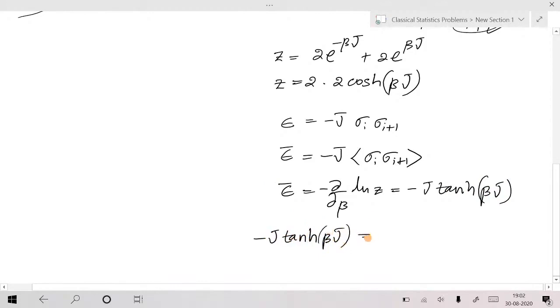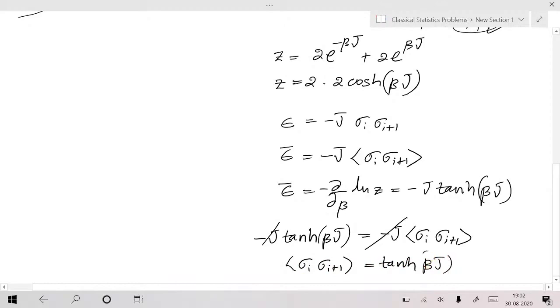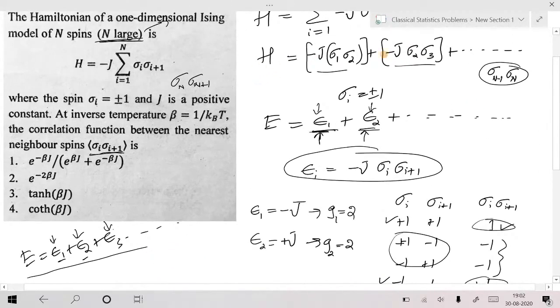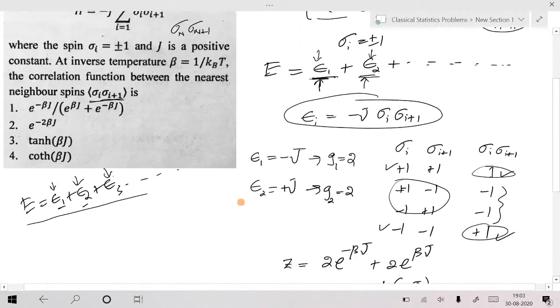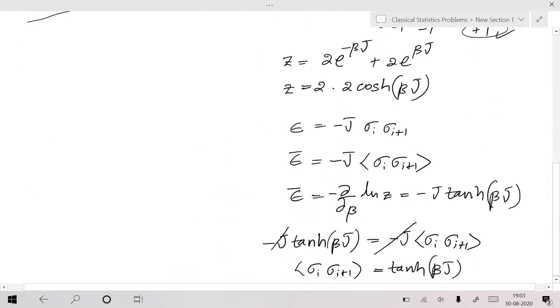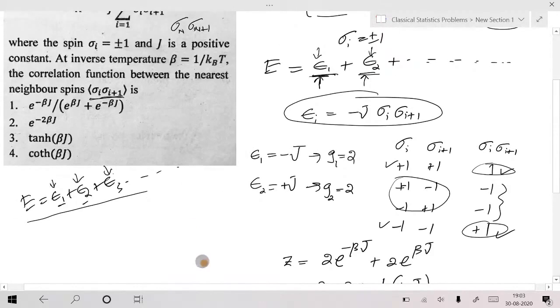So that is equal to minus J into the average of sigma I plus 1. I can cancel it, so the average of sigma I plus 1 is equal to tanh beta J. Any question here? I hope you got the idea. The confidence here is that whenever the Hamiltonian is additive, I can just take an individual energy term, develop all of my calculation for the individual energy term, and get the quantity he is expecting. That's why I'm going to choose this one.